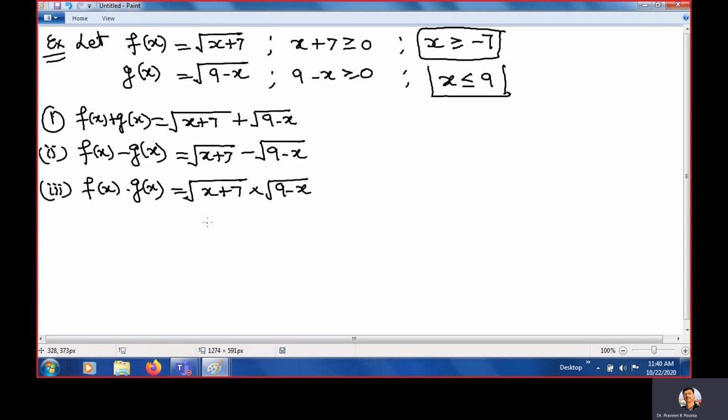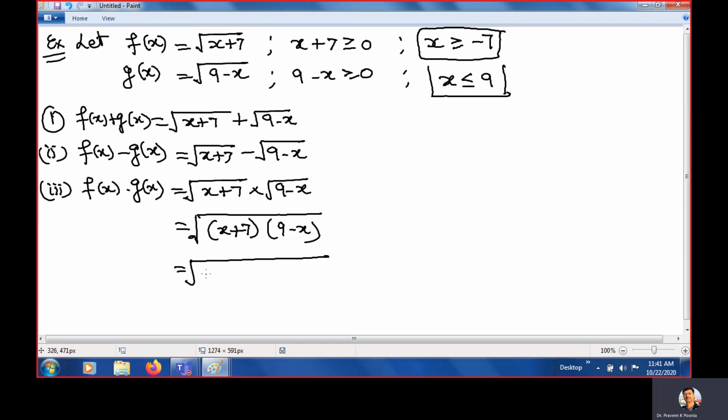Can we multiply two radical functions? Yes, if their exponents are the same. Here the exponent is 1 upon 2, and here the exponent is 1 upon 2. So we can bring them inside one root, and we can multiply them together.